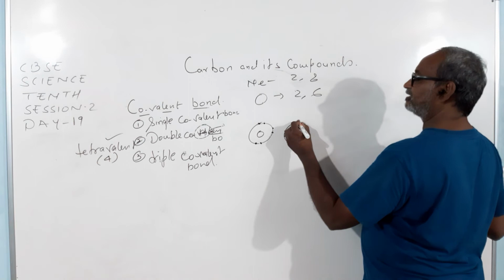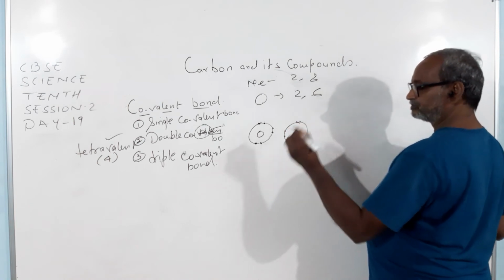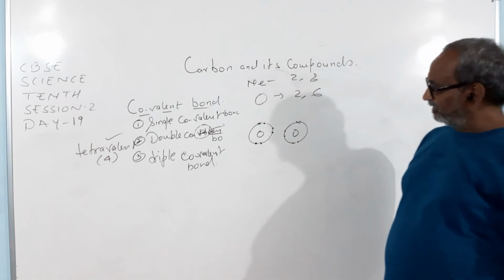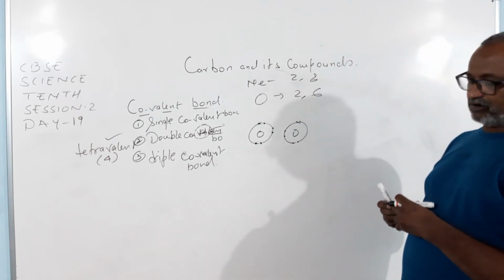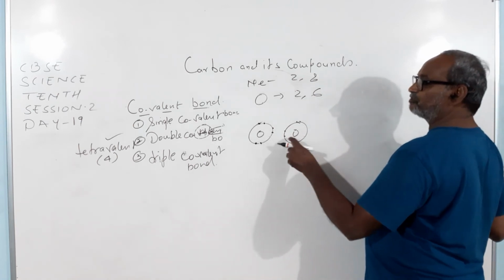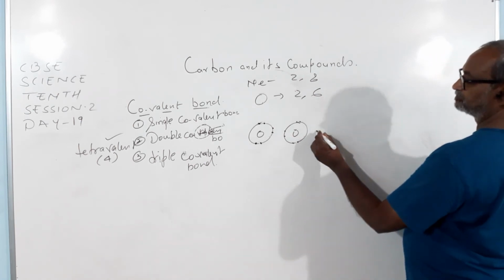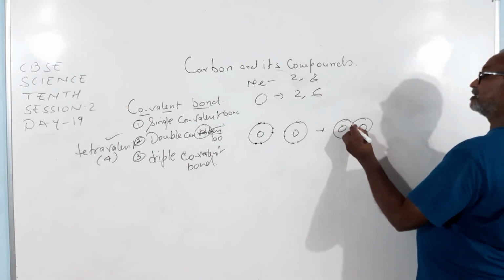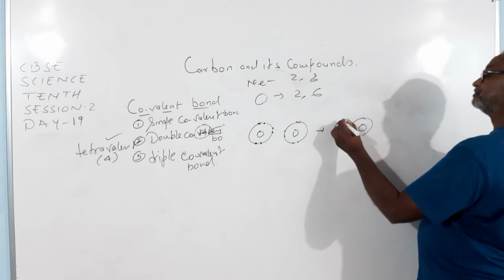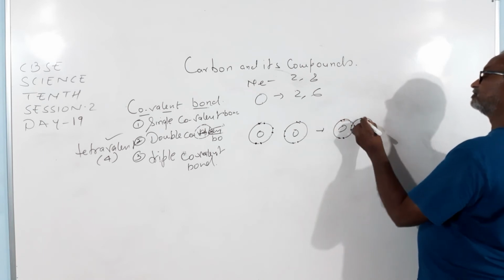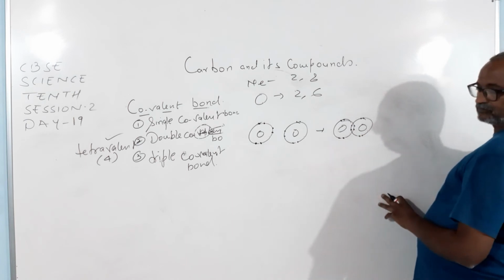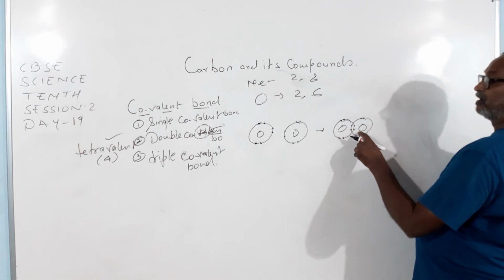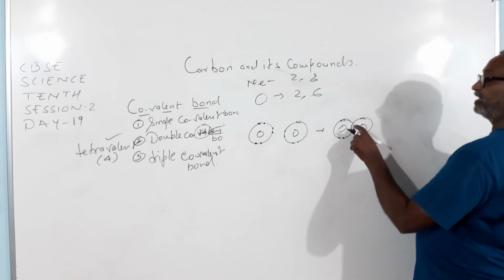Let us have one more oxygen atom. You can see that if these 2 oxygen atoms share 2 pairs of electrons between them, let us see what happens. 2 pair of electrons are shared by the oxygen atom. 1, 2, 3, 4, 5, 6, 7, 8.